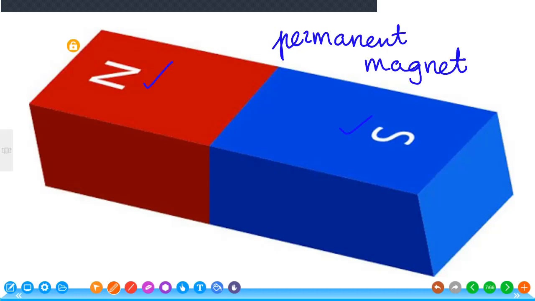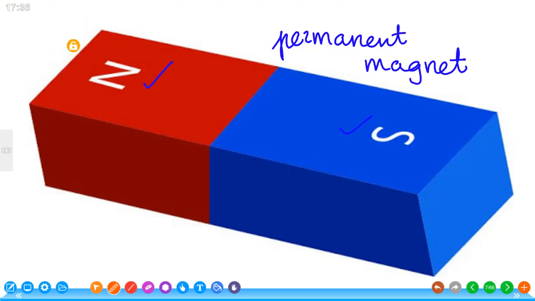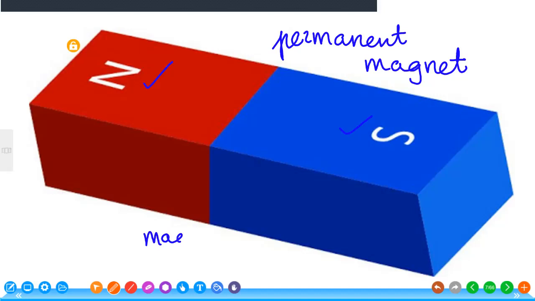Then if you think of the magnetism found around a magnet, the magnetism is found only in a certain region around the magnet. We call this the magnetic field. And therefore, we get the second feature here, the magnetic field.